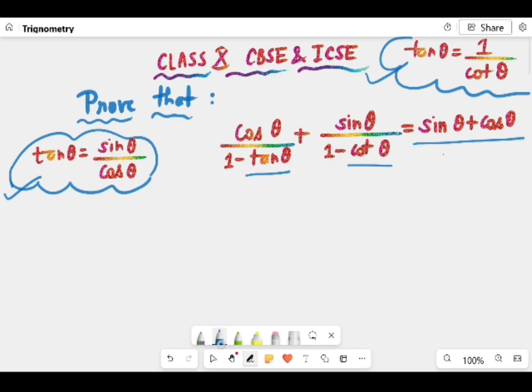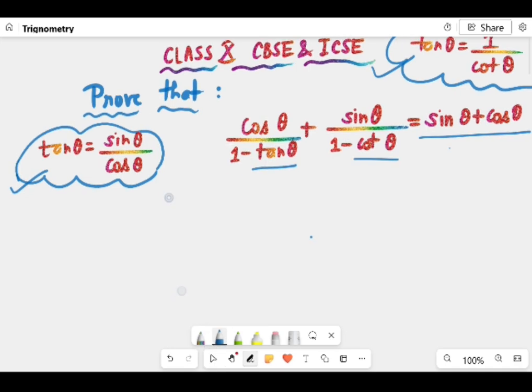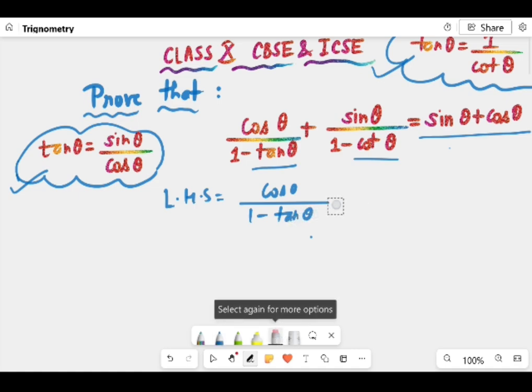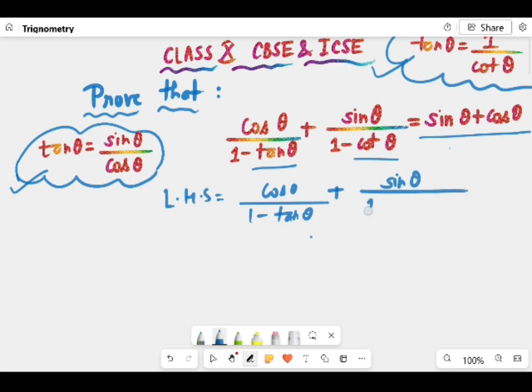We will start by proving LHS, which is cos theta upon 1 minus tan theta. An easier way to do this is to first change cot theta into tan theta by writing it as 1 upon tan theta.